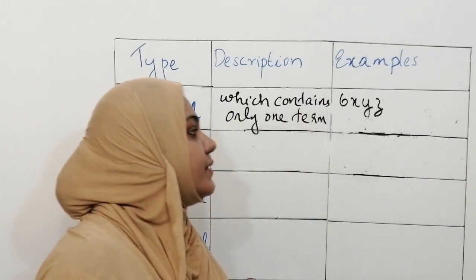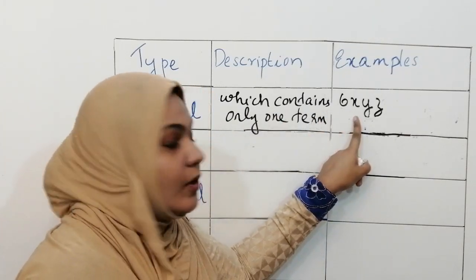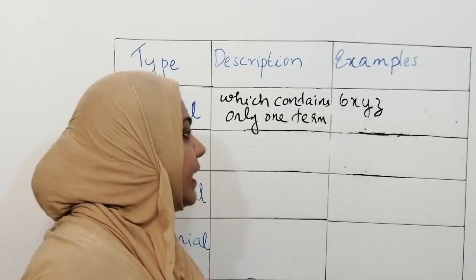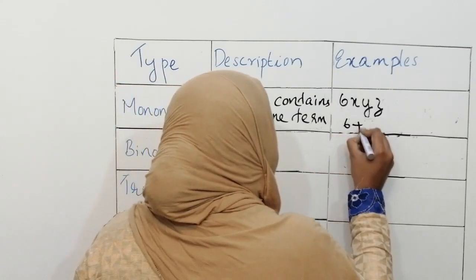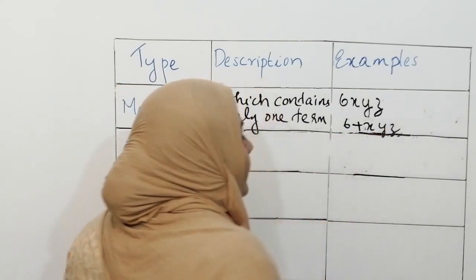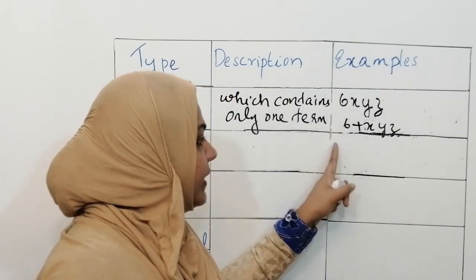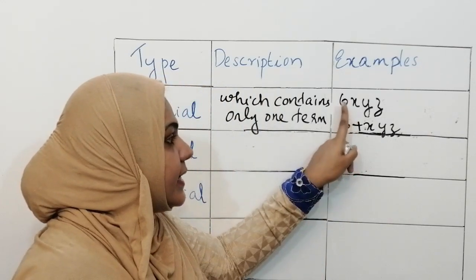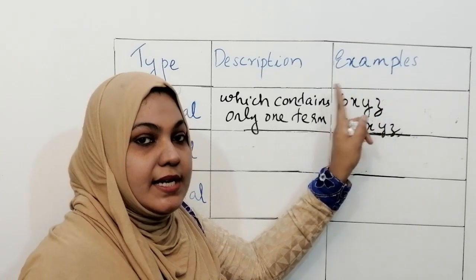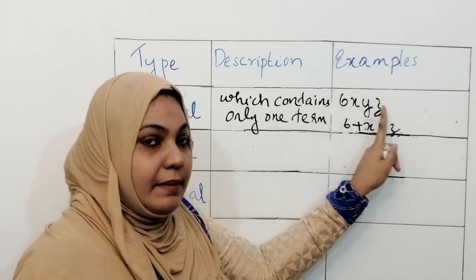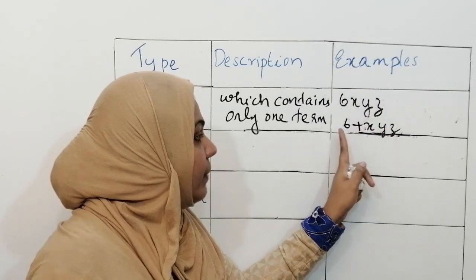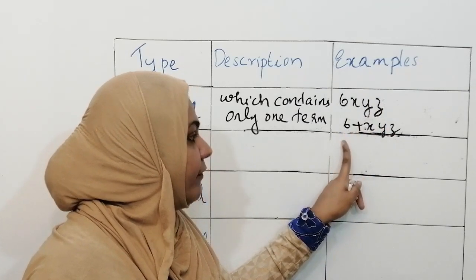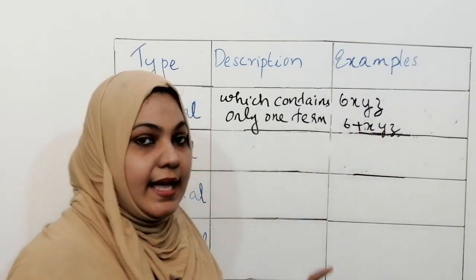Let's see examples of monomial. First example is 6xyz. It contains only one term. I am writing another algebraic expression, 6 plus xyz. Can you identify any difference between these? Yes, you are right. This is 6 into xyz. We can't separate 6 into xyz because it is in product form. But in this one, we know that 6 is one term and xyz is another term.